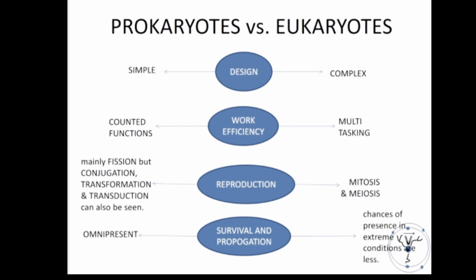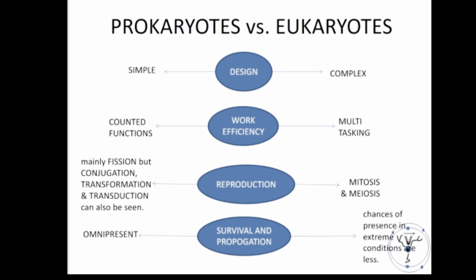At the end, if we compare the survival instinct and the propagation behavior of prokaryotes and eukaryotes, then prokaryotes, though they have a very basic design and lack a lot of parts, are still omnipresent. They can be found in simple living conditions, and also in harsh living conditions, as we already discussed about the extremophile bacteria.